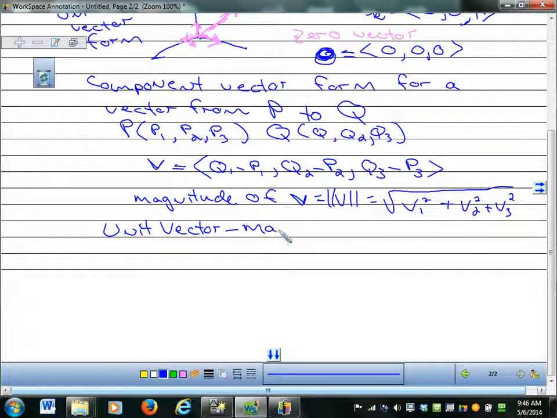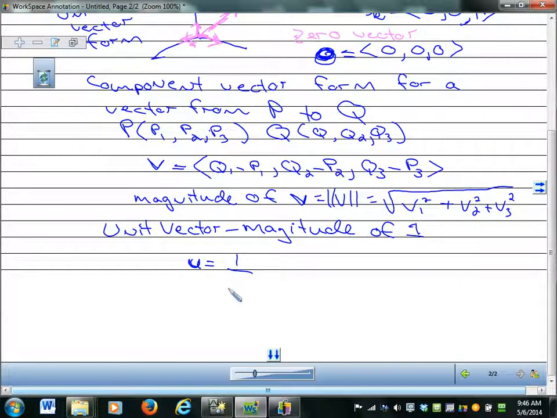It has a magnitude of 1, and is given by this small dark u, equals 1 over the magnitude of v, times the vector itself.